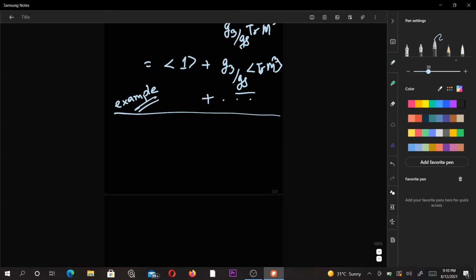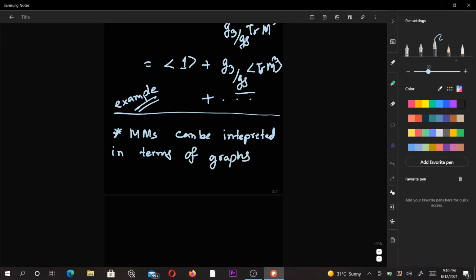The interesting thing is, these matrix models can be interpreted in terms of graphs, or in physics language, what physicists call Feynman diagrams.